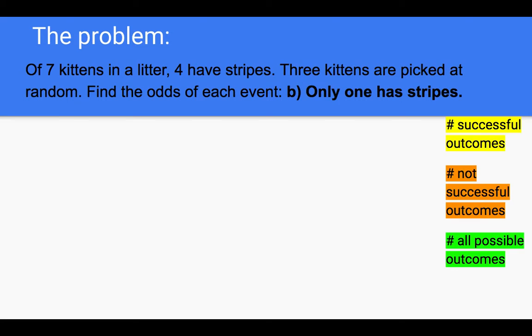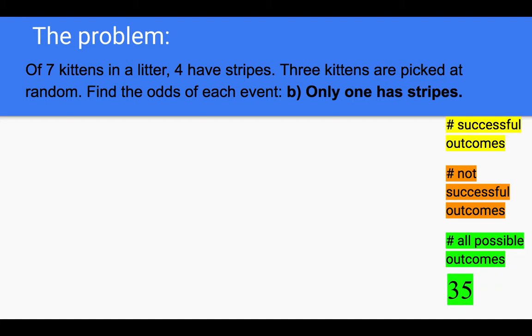Let's analyze the second problem. The second scenario has that out of the 3 kittens that are picked at random, what are the odds that only one has stripes? So we have already established this, all possible outcomes are 35. And now let's count the successful outcomes and find the not successful ones.